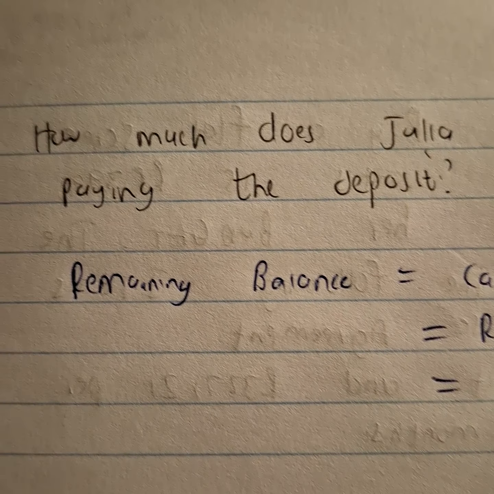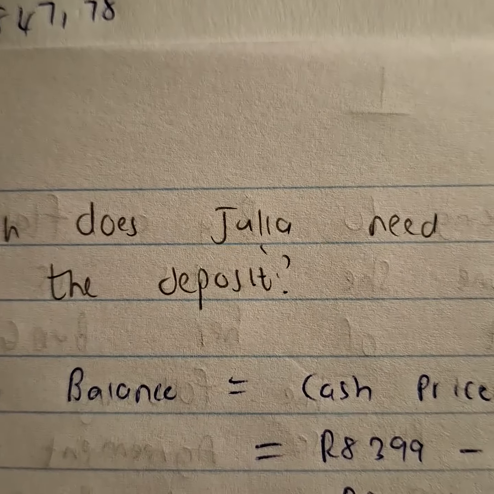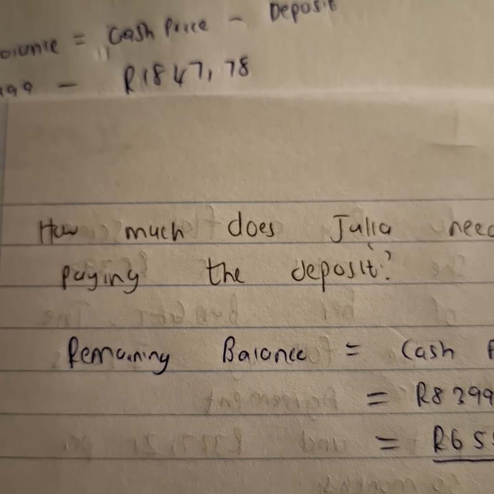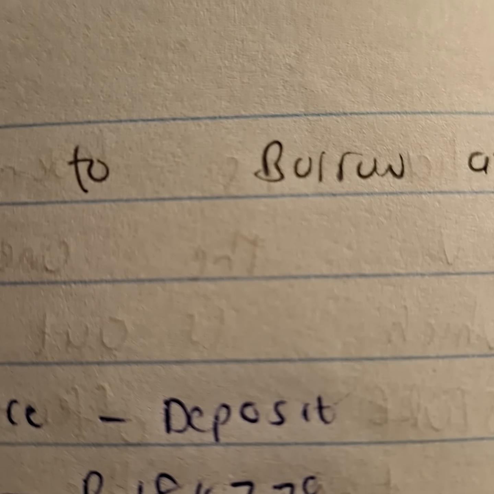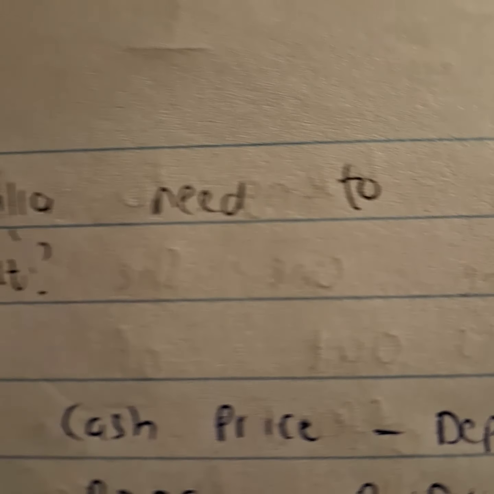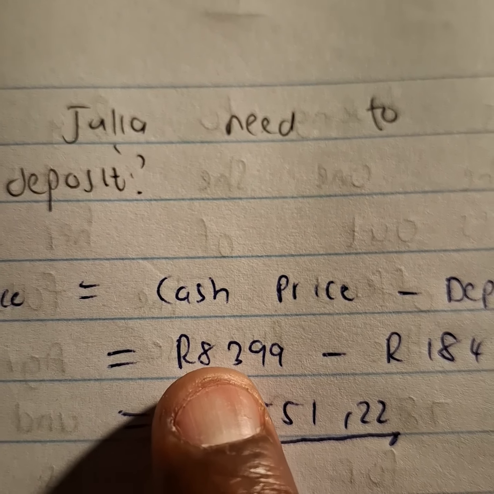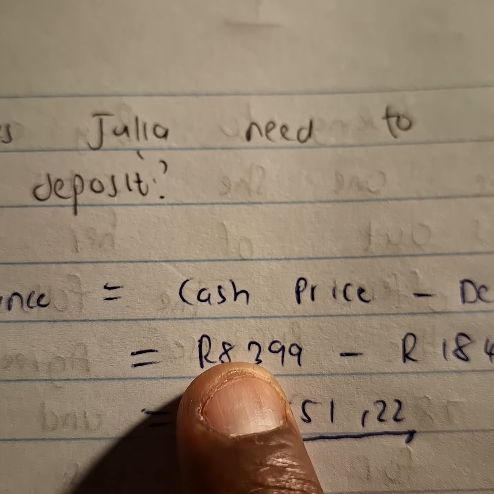Okay, so remember we had asked how much does Julia need to borrow after paying the deposit. So what we do there is we are calculating the remaining balance. Remember for our remaining balance we take the cash price, we subtract the deposit. So if you remember what the cash price was, it was 8,399, right?